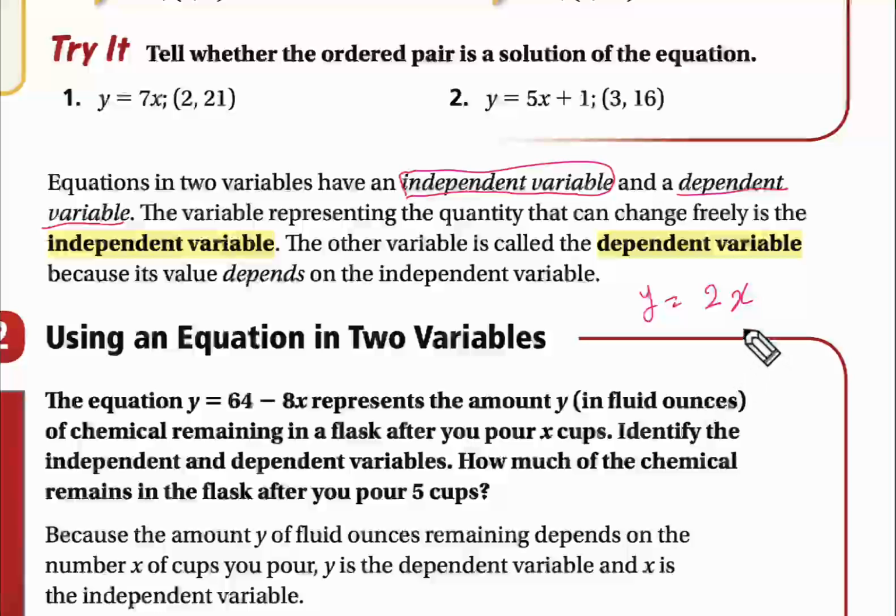Here, my heroes, if you change the value of x, you will get a new value for y. So the variable that can change freely here is x. This is the independent variable.